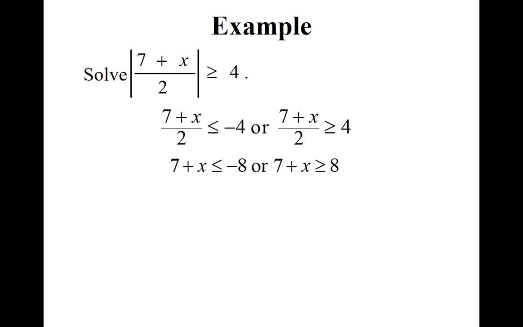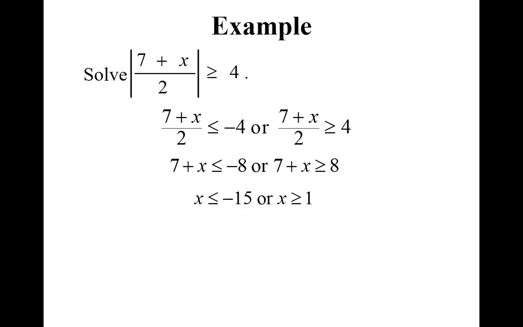Negative 4 times 2, and 4 times 2. Finally, subtract 7 from both sides to get the x by itself on the left. Negative 8 minus 7 is negative 15. 8 minus 7 is positive 1. So we end up with x is less than or equal to negative 15, or x is greater than or equal to positive 1.